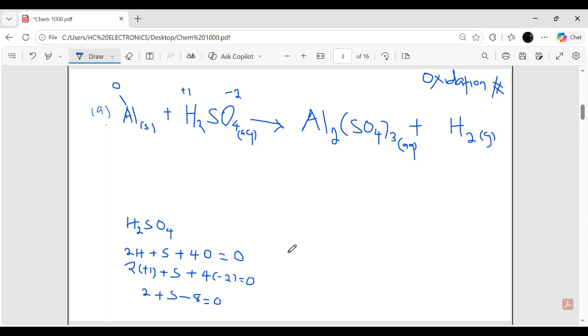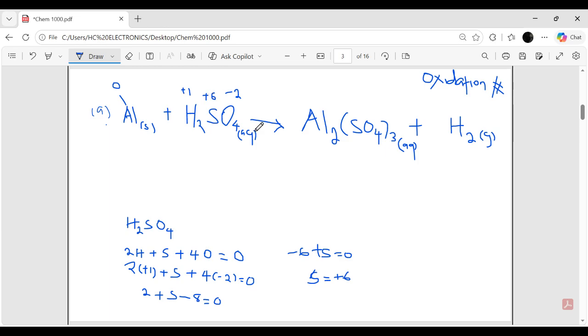So negative 6 plus s is equal to 0. Then the 6 goes this side. It's going to be s is equal to positive 6.